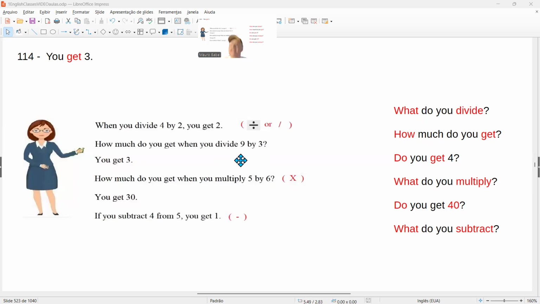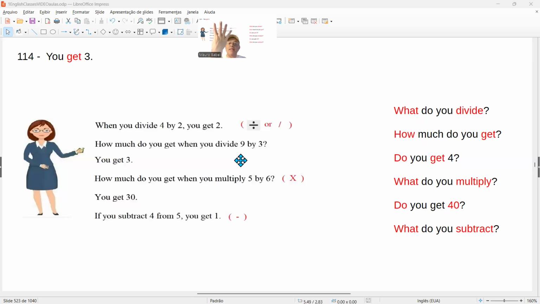We get 9. When we multiply 5 by 2, how much do we get? We get 10.